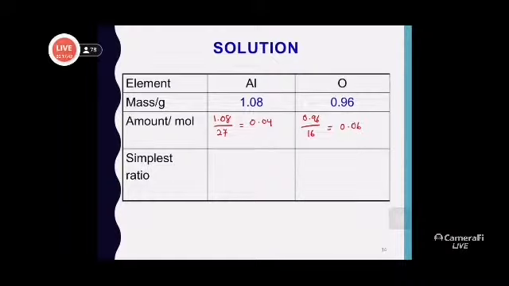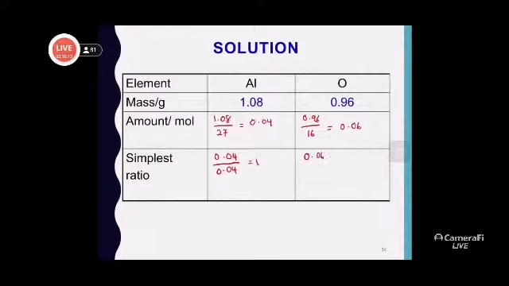Okay, dapat. Now we can get the ratio. So to find the ratio of each element, we choose the smallest number. So between 0.04 and 0.06, 0.04 is smaller than 0.06. So we will divide both number with the smallest number. So for this one, we will get 1. Alright.